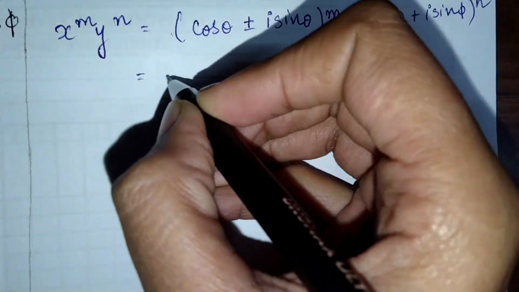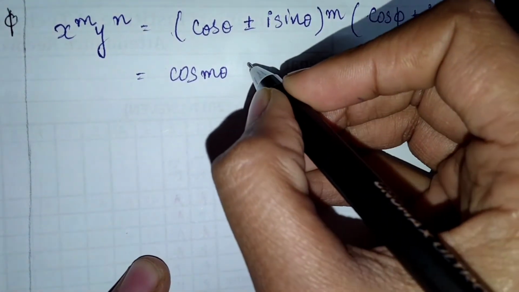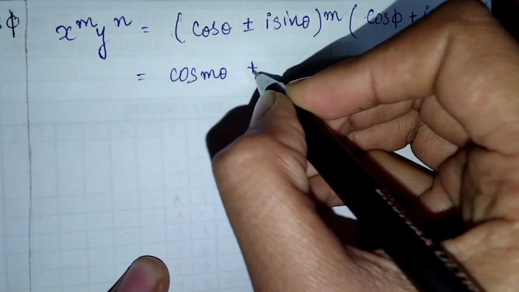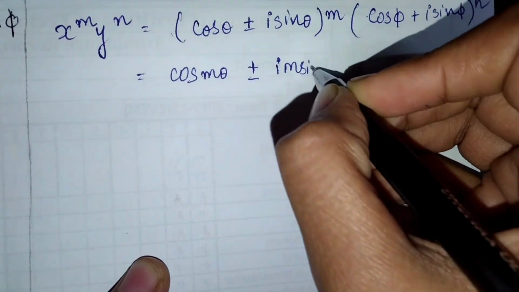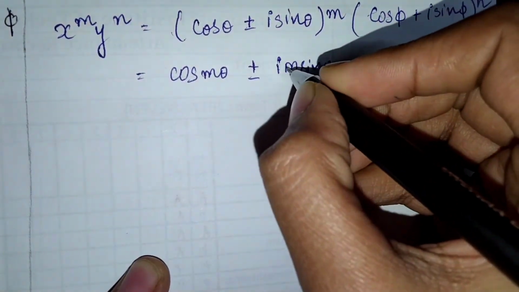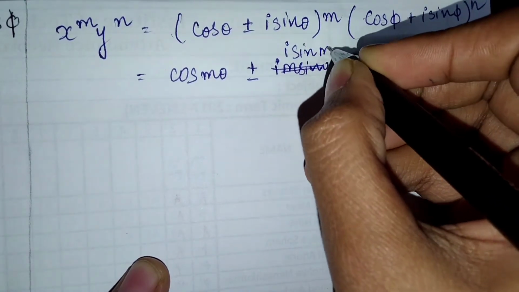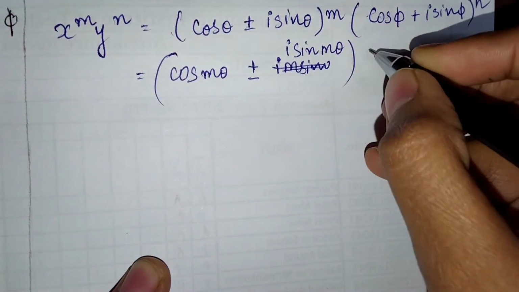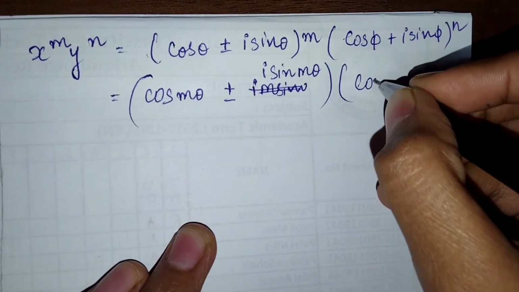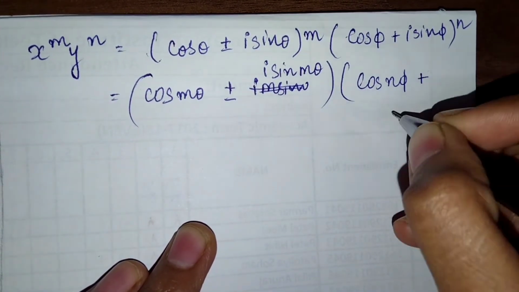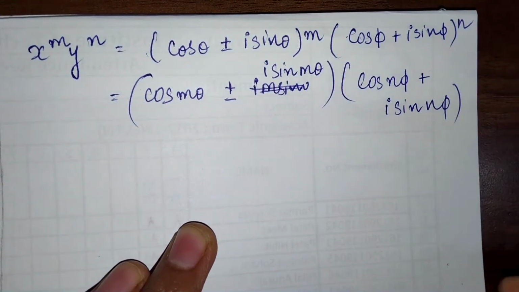So we will get cos m theta plus or minus i sin m theta, sorry, i sin m theta. એવી રીતના cos નું phi નું મળશે, n મલ્ટીપ્લાય કરીએ એટલે cos n phi plus i sin n phi.